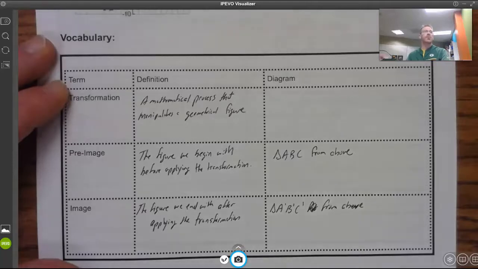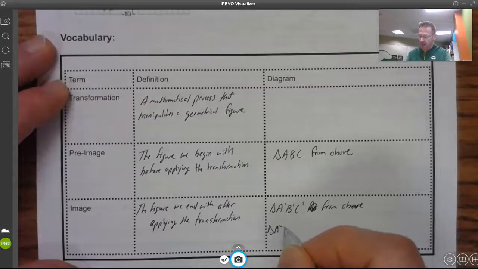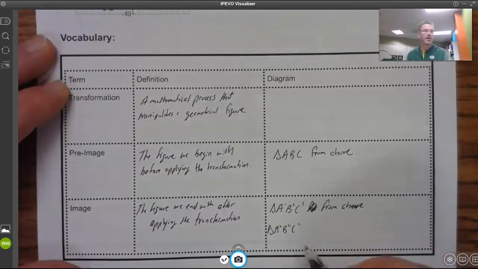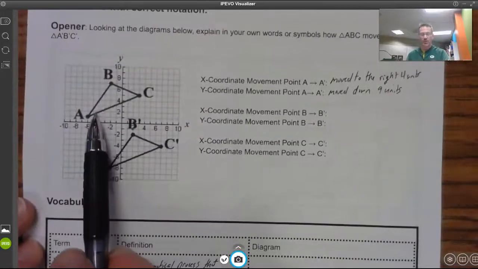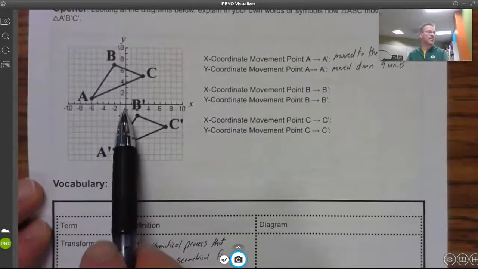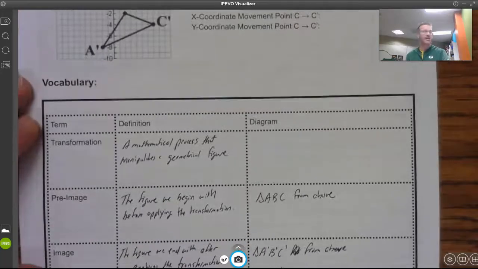If we did another transformation, we would have double primes. So we add a prime for every iteration we do, or every transformation we apply to a figure. ABC was our pre-image, and A prime, B prime, C prime was the image.